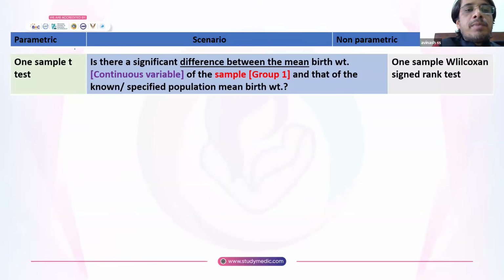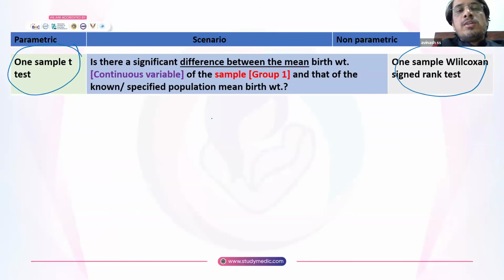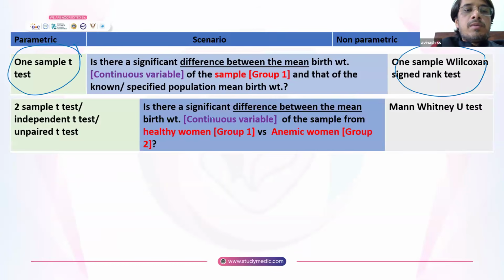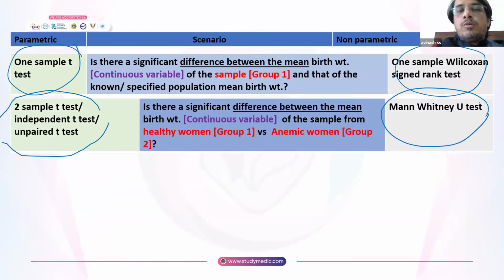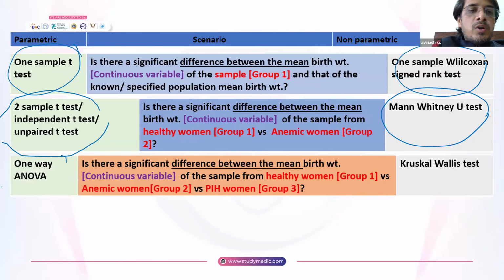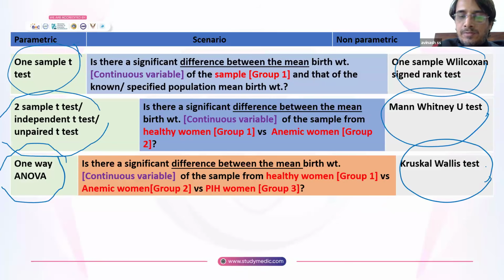Now, the summary. One sample t-test, the alternative is the one sample Wilcoxon signed rank test. When do we use it? One group versus the known population, continuous variable. Two sample t-test, the alternative is the Mann-Whitney U test, used to find the continuous variable difference between two independent groups. One way ANOVA, for more than two independent groups, the alternative is the Kruskal-Wallis test.